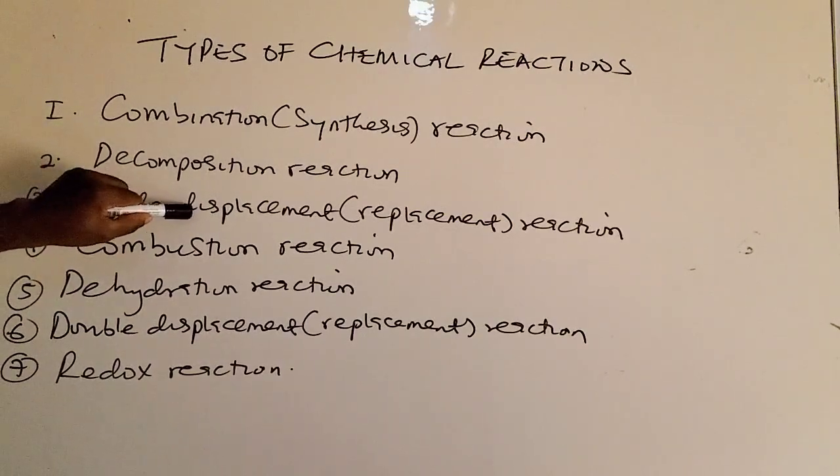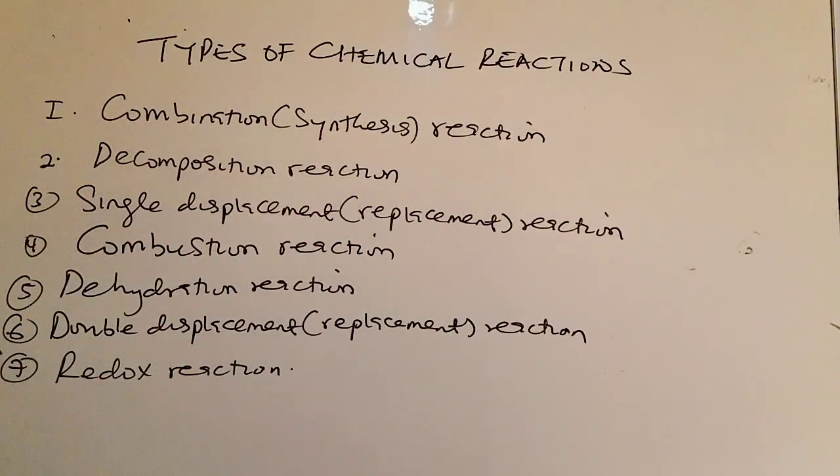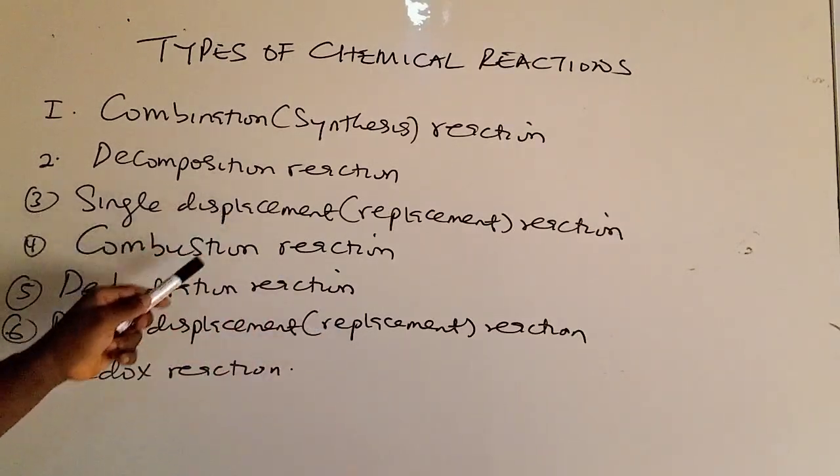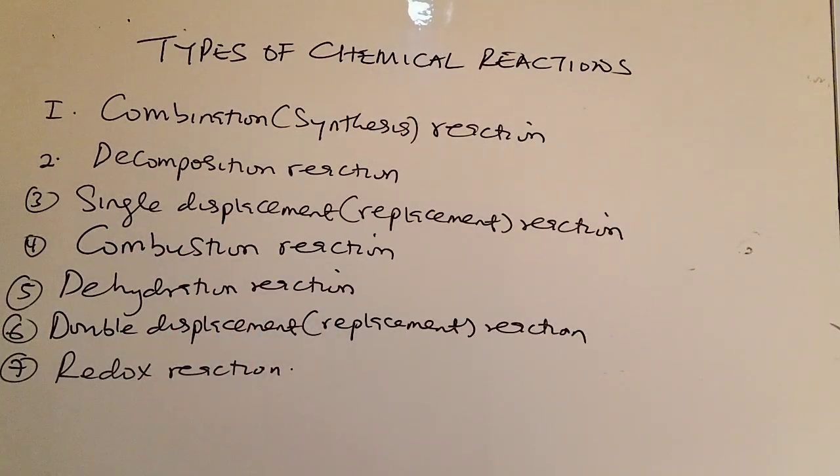Single displacement or replacement for number 3, double displacement or replacement for number 6. They are two different things. Then number 7, redox reactions. So these are the major 7 types of chemical reactions we encounter in inorganic chemistry. We're going to discuss them one after the other and give examples of these kinds of reactions.